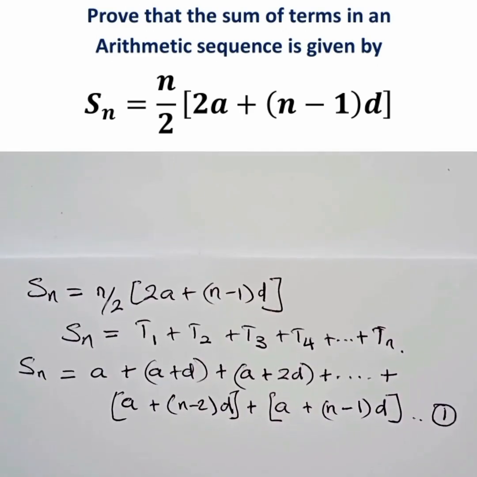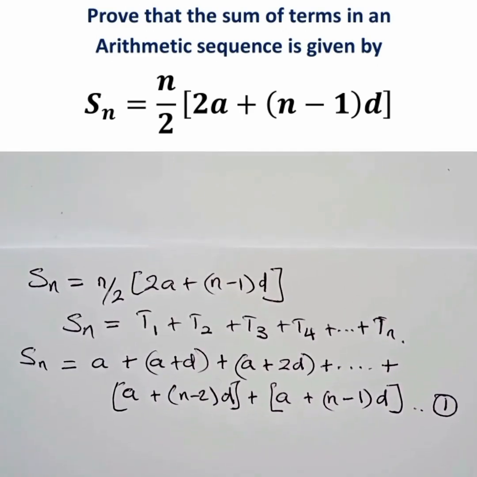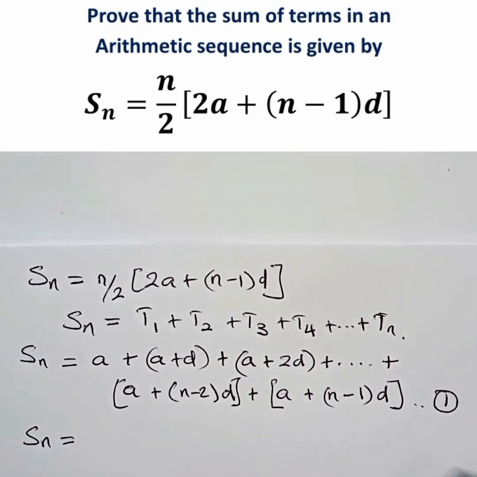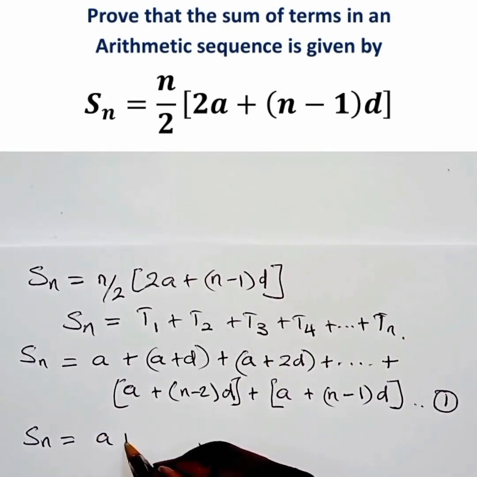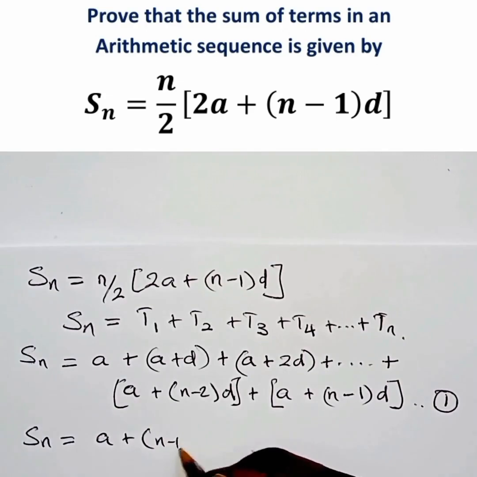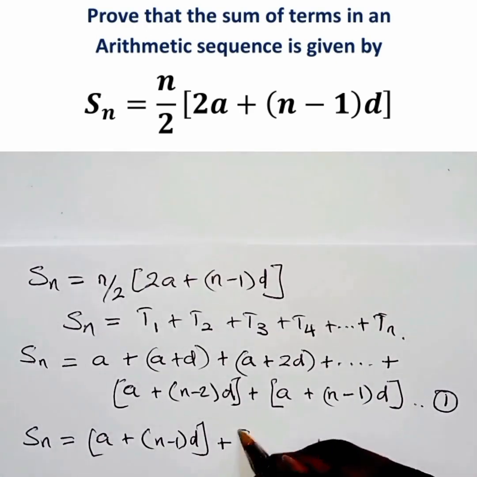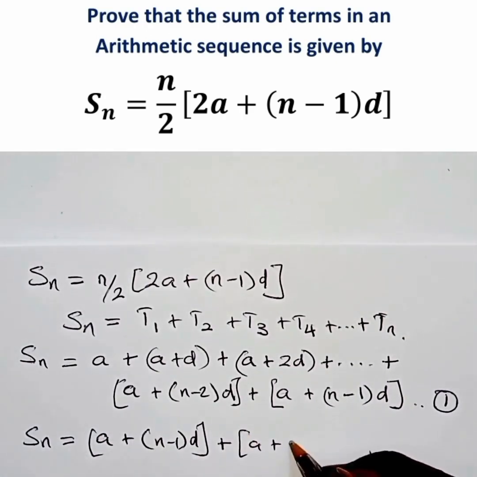Now, we are going to write equation number 1 in reverse so that we have Sn is equal to, so I'll be starting with that term there. So I'll be having A plus (n minus 1)D plus this term A plus (n minus 2)D.